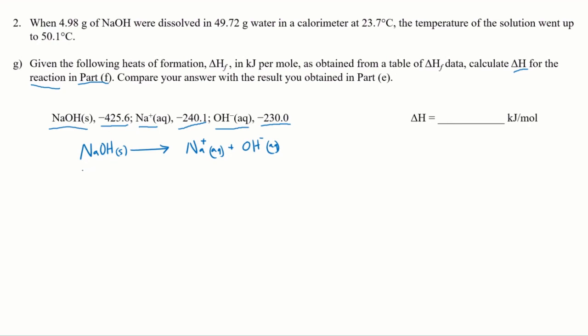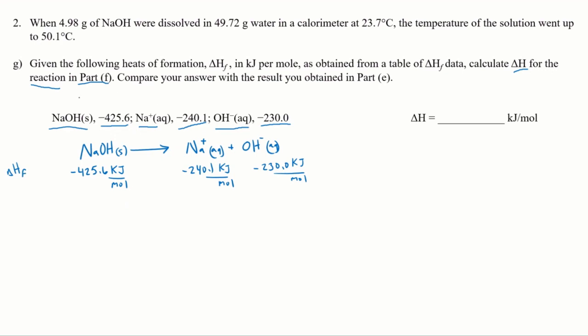So sodium hydroxide has negative 425.6 kilojoules per mole of sodium hydroxide. Sodium ions have negative 240.1 kilojoules per mole of sodium ions, and hydroxide is negative 230.0 kilojoules per mole. Okay, so these are all the delta H of formations for the species in this reaction.